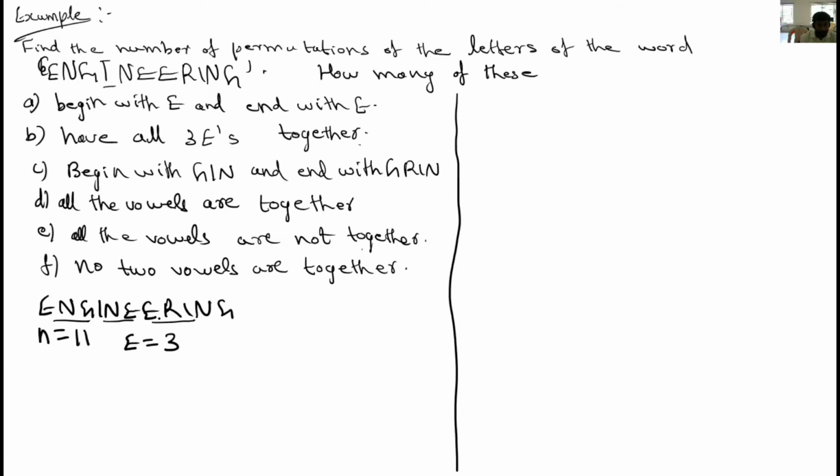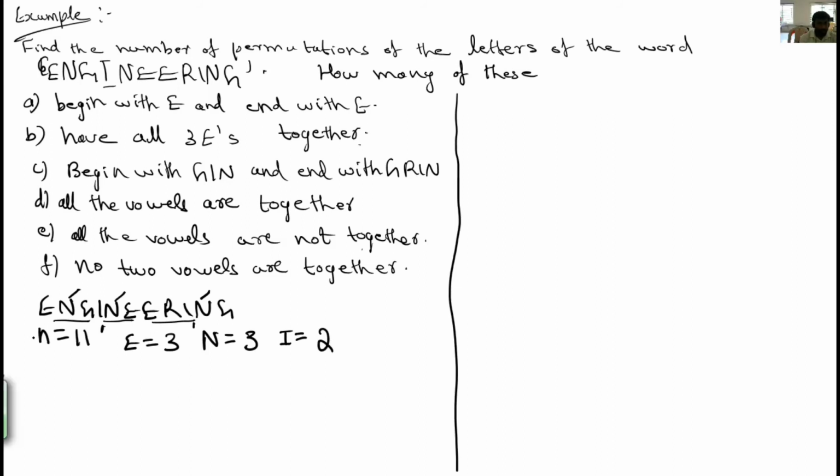Then see, 3 times E is there. Then check for any other repetitions. Check N. N is equal to 1, here 2, here 3. 3 times N is there. Okay, then see, G only 1 time is there, but see I. I is equal to 1 time, here also 1 more time I, so I is equal to 2 times.